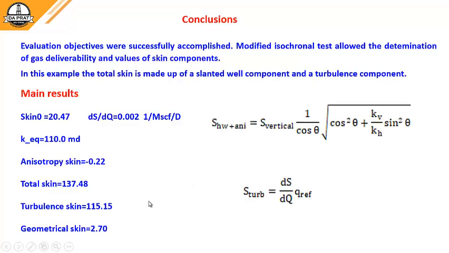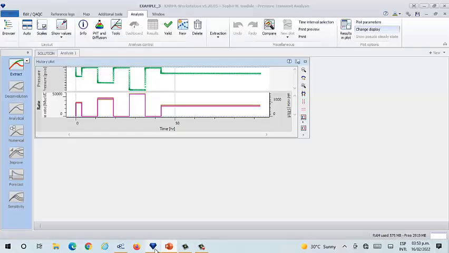And here, for you to know, are some equations that are used in the case of a slanted well. And these skin components sometimes refer to the skin for a vertical well. And this is the component for the turbulence.